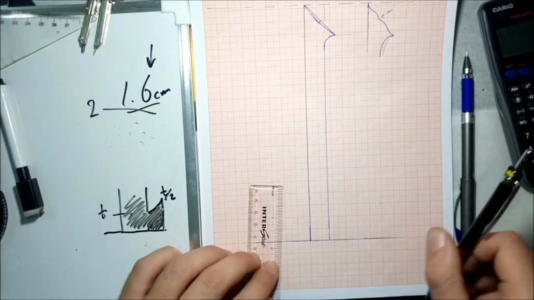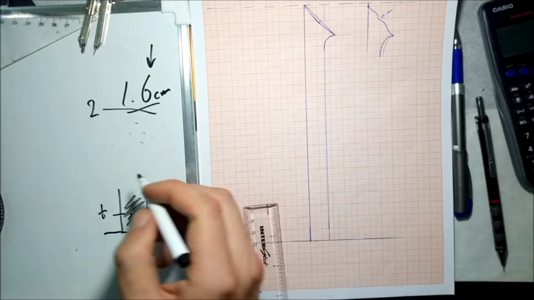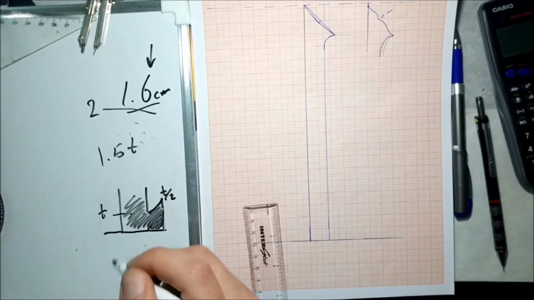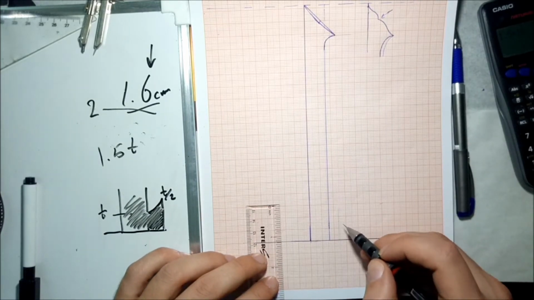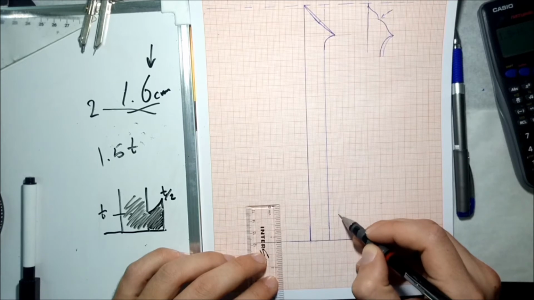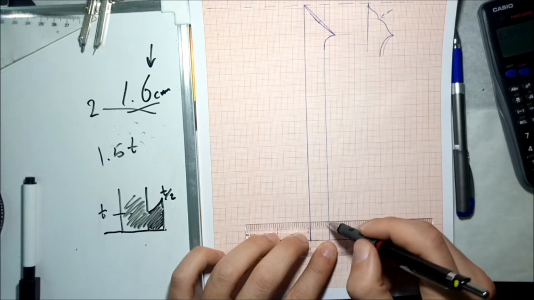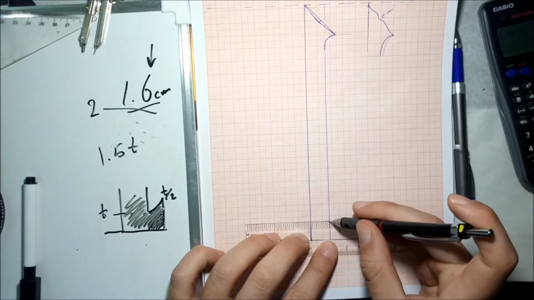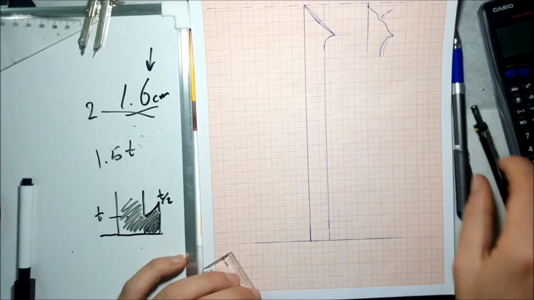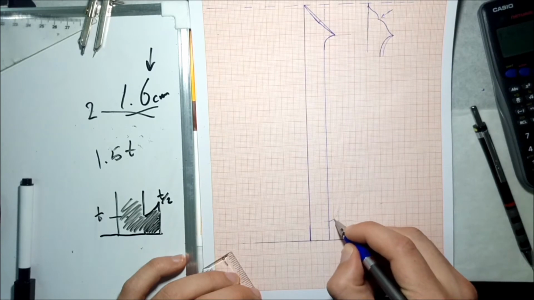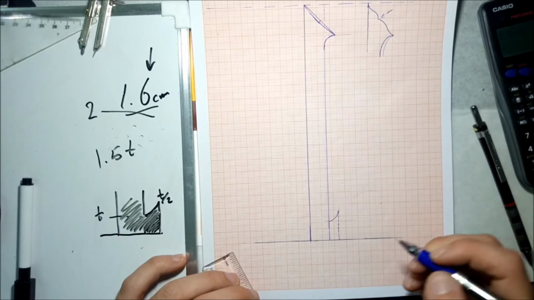So the height of the horizontal line would be 1.5 T. So we moved the 1.6, now we move another 8, which is right over here, and we connect those to each other. It will look something like this. So we've got this line, and we can close it right down here.